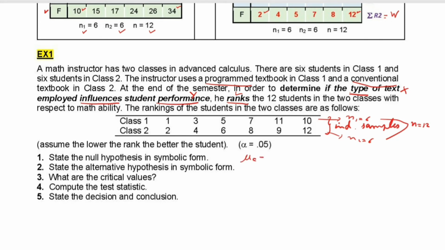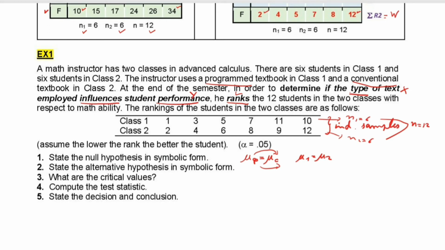H0: the mean performance of the programmed textbook class and the conventional textbook class, the same or not. Or you can write mean score of class number 1, mean score of class number 2, the same or not. You change textbook, then score, rank, will change or not.